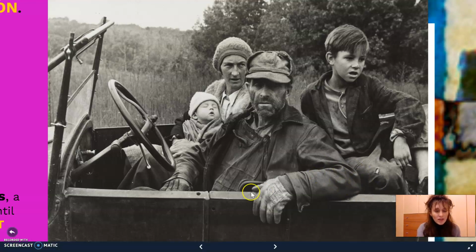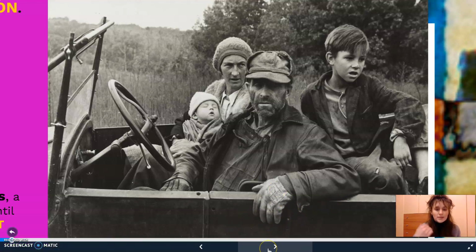And they are traveling by car because the family man has lost his job, and so they had to leave their home and travel around America to look for a job to be able to get by, to survive, andare avanti.